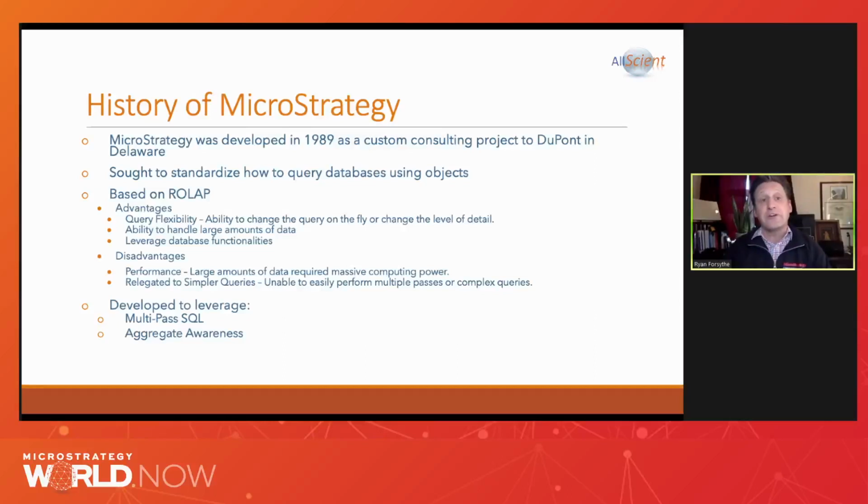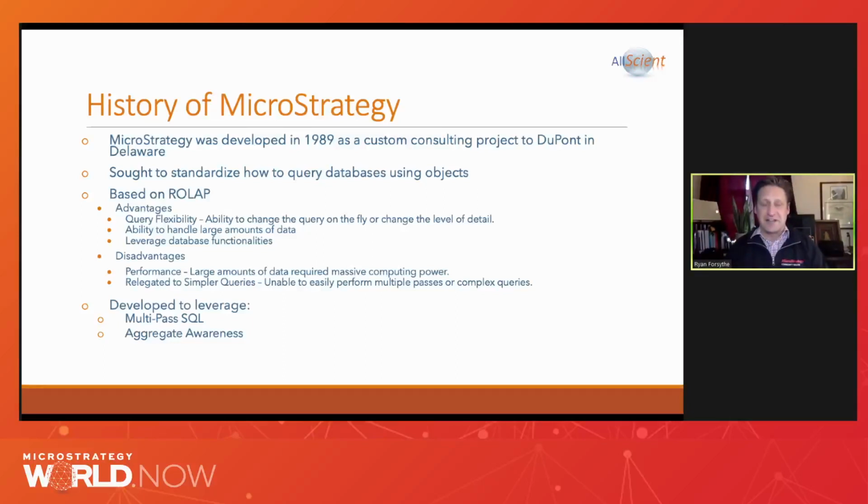When you go to understand what ROLAP was, the advantages were query flexibility. You're able to change things on the fly and change the level of detail. You're able to handle large amounts of data, and you're also able to leverage database functionalities. On the flip side, there were also technologies of MOLAP, multi-dimensional online analytical processing, cubes.